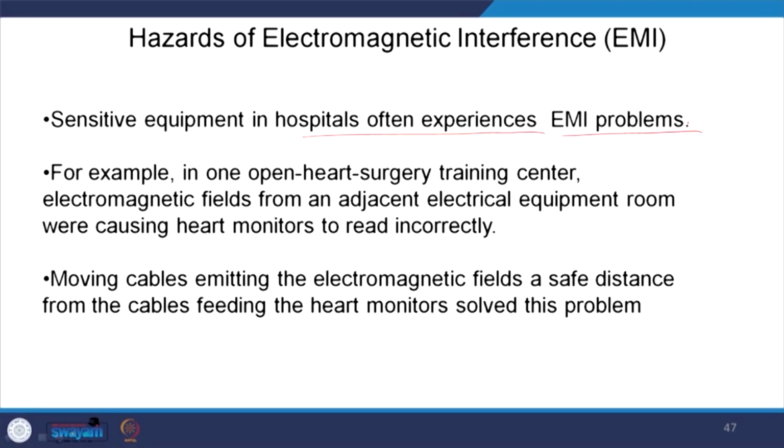Sensitive equipment in hospitals often experiences EMI problems. So, generally you have X-ray machines, then you have a high electrostatic voltage to generate X-rays. You have an MRI, that is essentially magnetic resonance. So, you create a huge magnetic field.